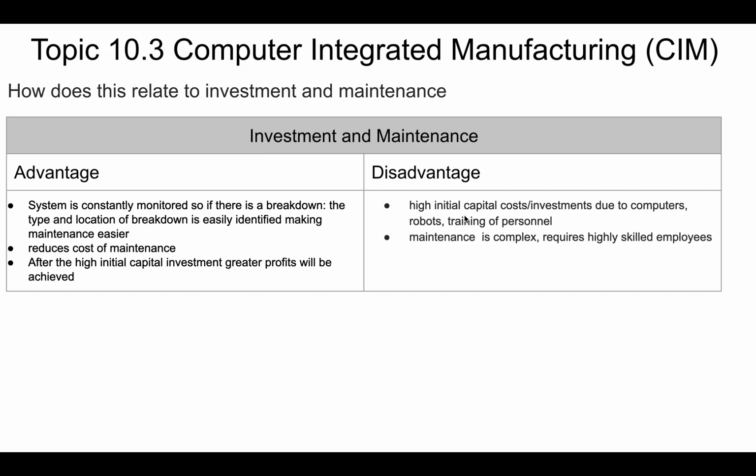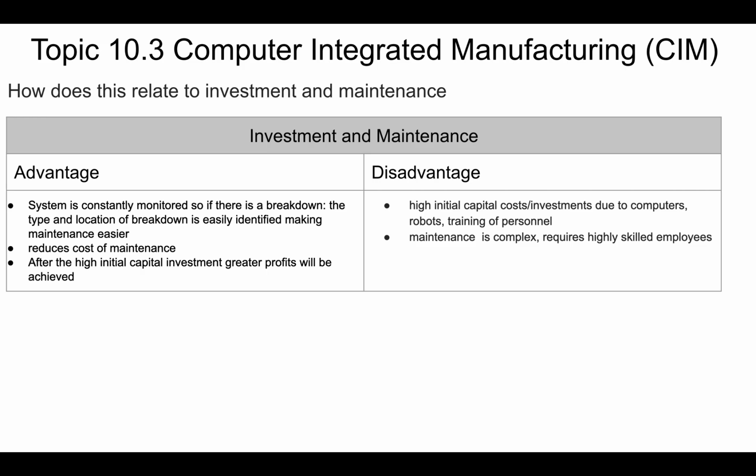A disadvantage, again, is that it's very expensive, right? That's computers, robots, and training of people. And then for maintenance, you need highly skilled employees, right? It's interesting. It's similar to the way cars used to be and the way cars are today.